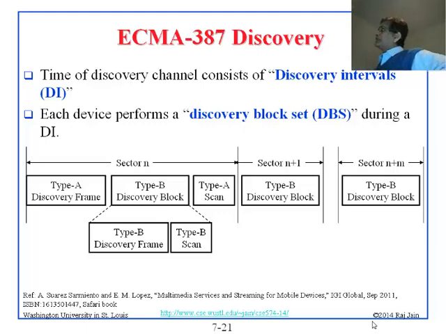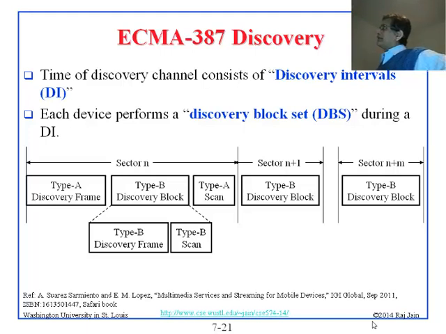Okay? So if you are a type A device, you send a type A discovery frame, then you send a type B discovery block. Actually, a block is not a frame: you send a frame and you get the response scan, then you get the type A scan, and then you do the same thing in the next sector, next sector, next sector.